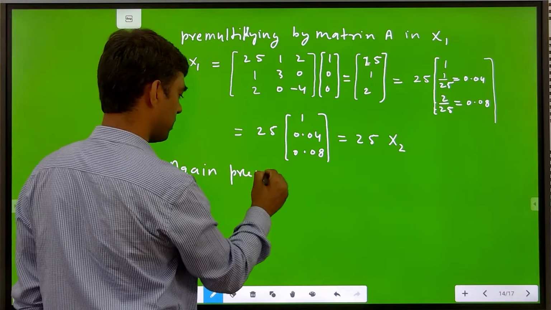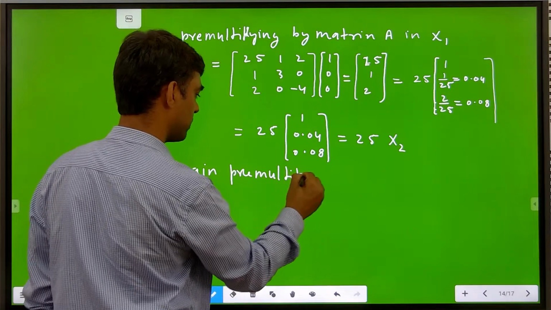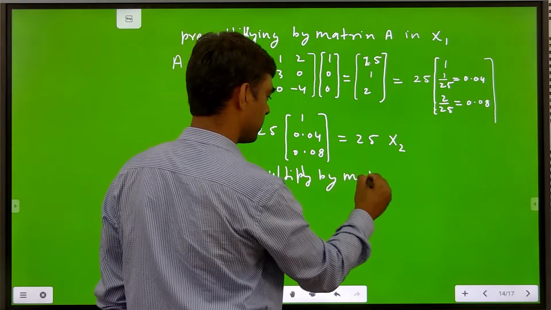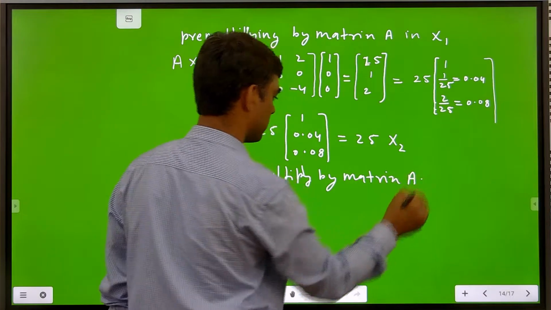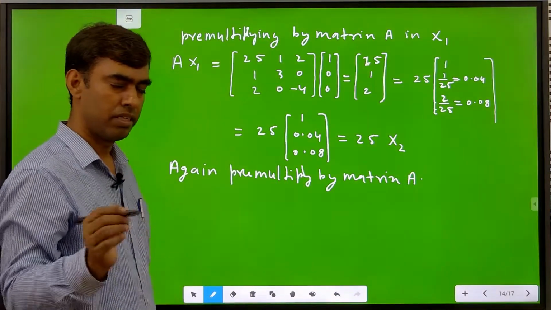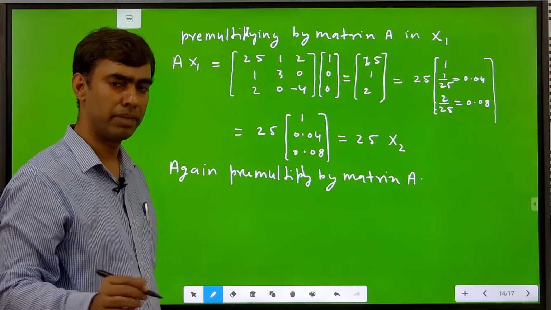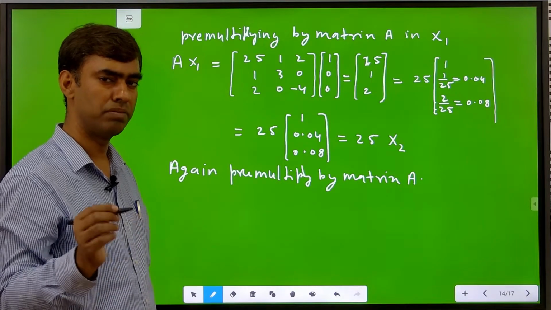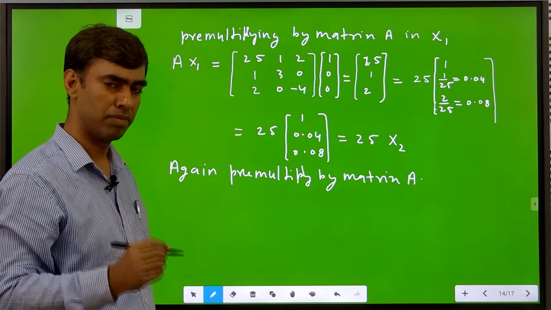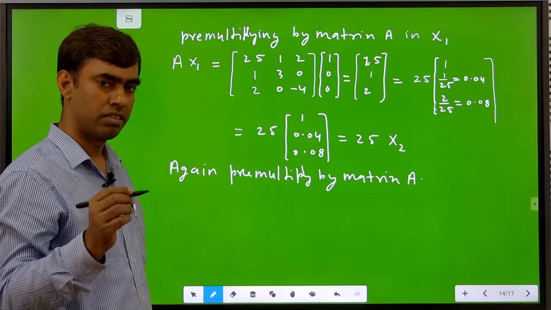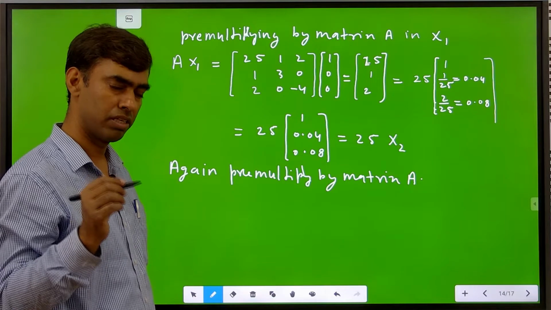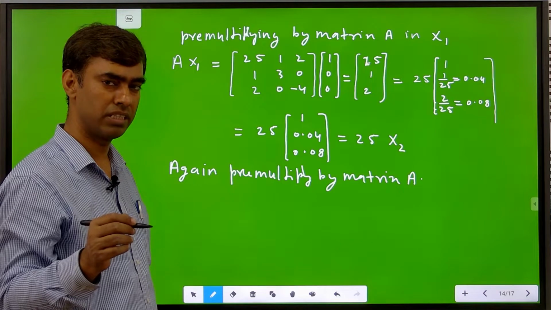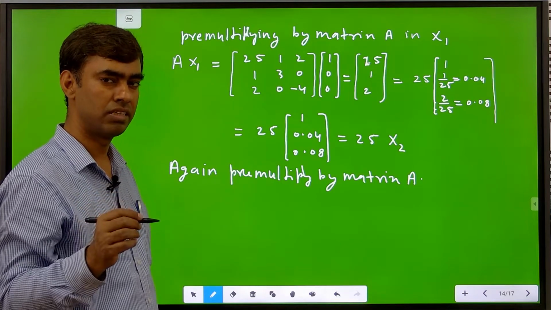Again we pre-multiply by matrix A, because what is the procedure in the power method? First of all we approximate one eigenvector corresponding to the largest eigenvalue, then pre-multiply by the matrix A, and in order to avoid round off error we divide all the elements of the eigenvector by the numerically largest value.